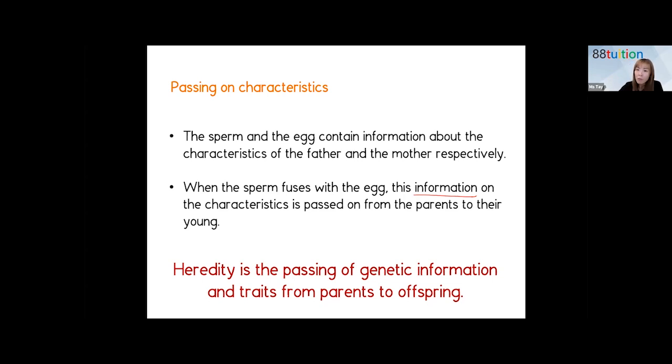You can say parents to young. That is okay as well. Okay, so keywords here, genetic information. All right, then traits. It can be the physical type of traits that you're talking about. You can also talk about those that cannot be seen, like blood group.